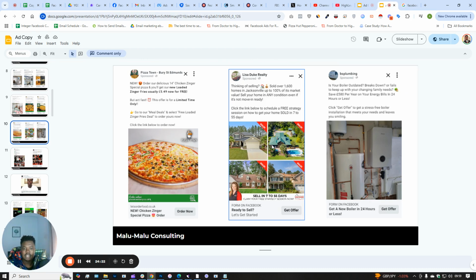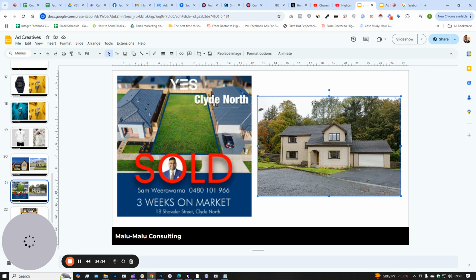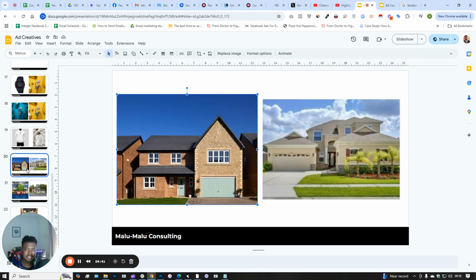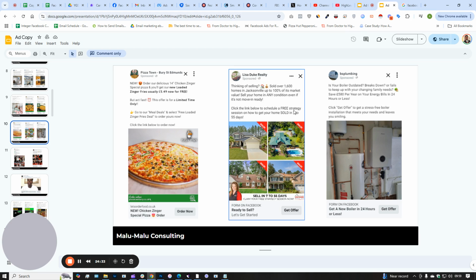So this image that looks like, again, a marketing promotion, all I did was, this client over here, Lisa, sent me images of homes that she sold for clients in Jacksonville. And I took that image, no Photoshop, no copy. An image like this, very similar to this, outperformed an image like this.